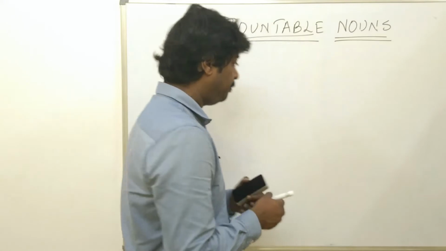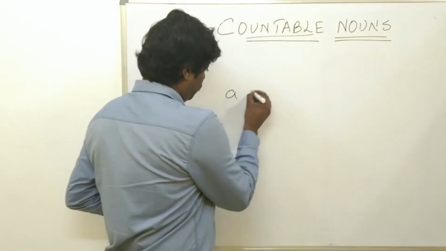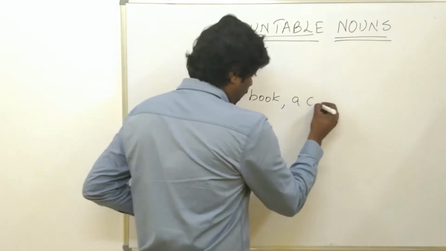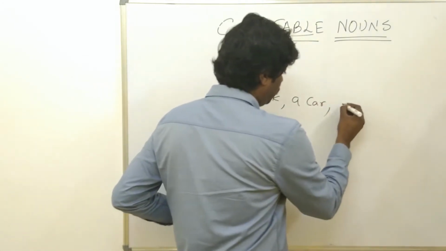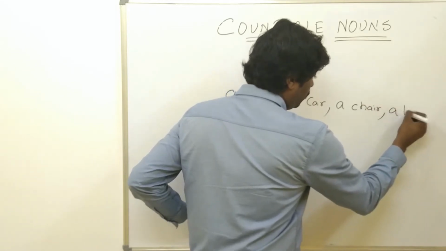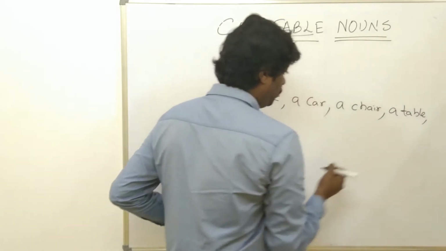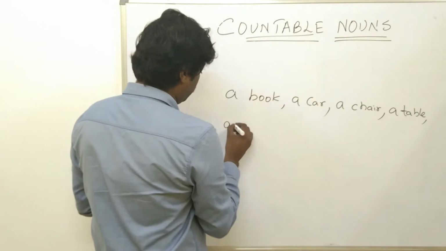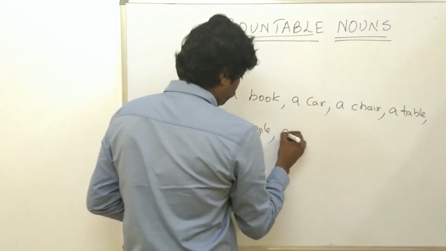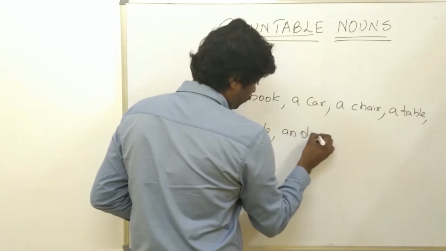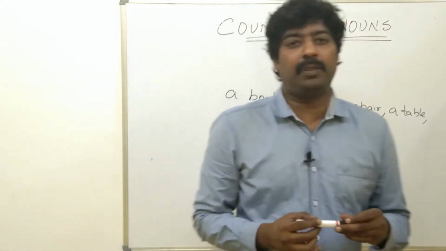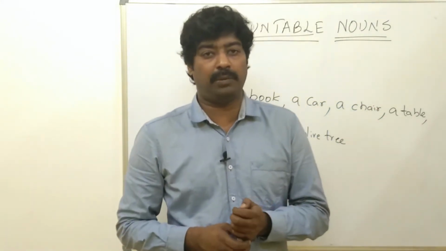For example, a book, a car, a chair, a table, an apple, an olive tree are all examples of singular countable nouns.